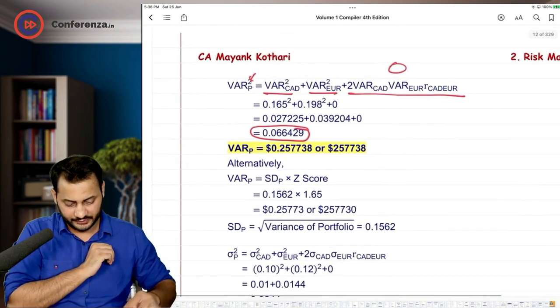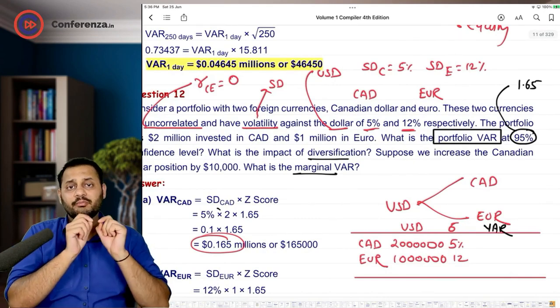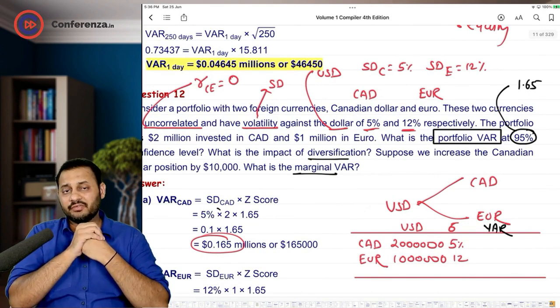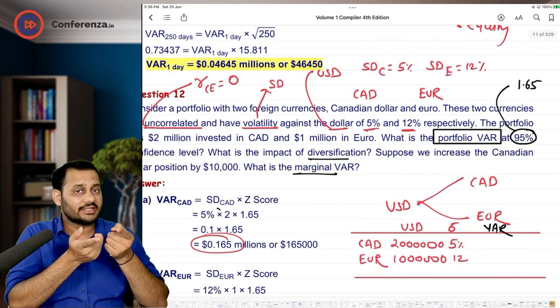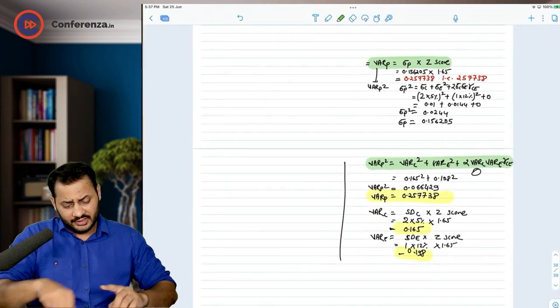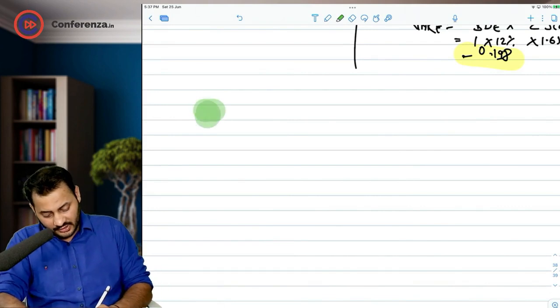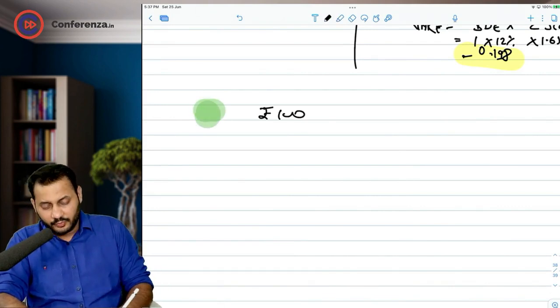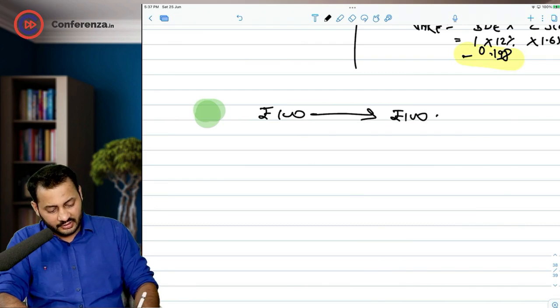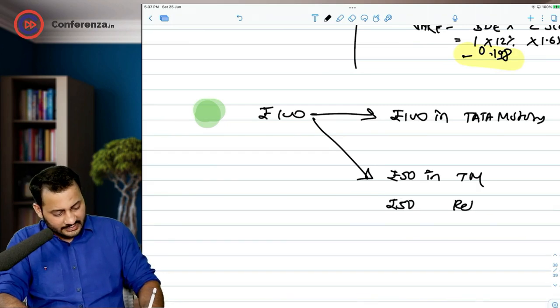Now let me answer the next question. They ask what is the impact of diversification, and if you remember, we used this word diversification in a lecture on basics before risk management. What we mean by diversification is that instead of investing the entire money into one asset, let's say you have around 100 rupees, and instead of putting the entire 100 rupees in Tata Motors share, you put 50 rupees in Tata Motors and the rest of the 50 rupees in, let's say, Reliance.